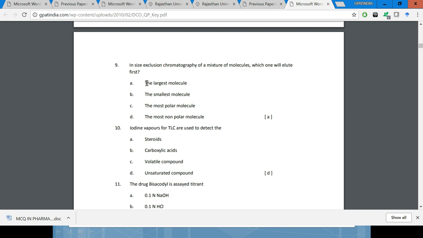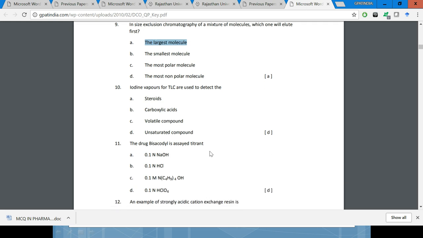The largest molecule is the correct answer, because larger molecular weight will not be trapped but will flow through the gel. Very simple. Next question, iodine vapor for TLC is used to detect unsaturated compounds, because iodine has high affinity for both unsaturated and aromatic compounds.